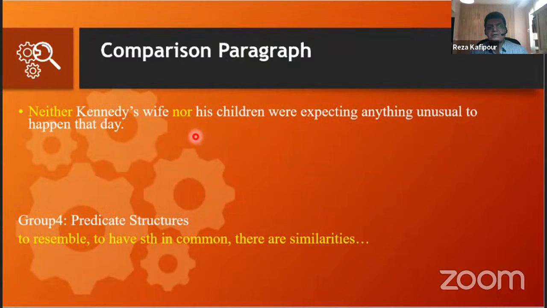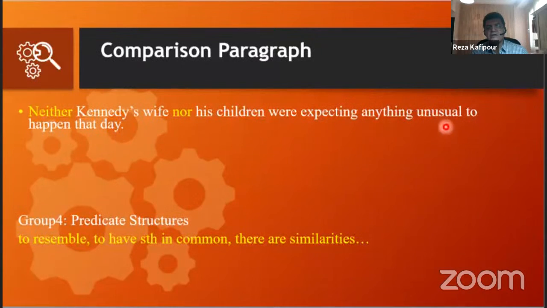Another structure for correlative conjunction is the use of neither nor, as we worked on in a sample question, if you remember. So we say, for example, neither Kennedy's wife nor his children were expecting anything unusual to happen that day.